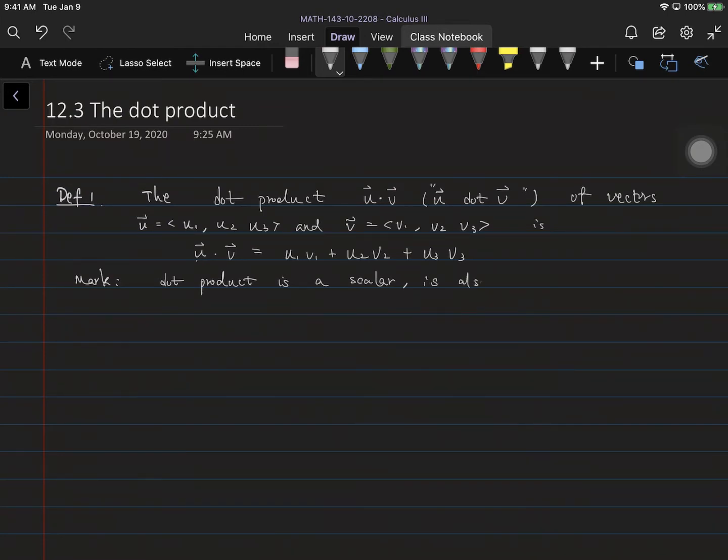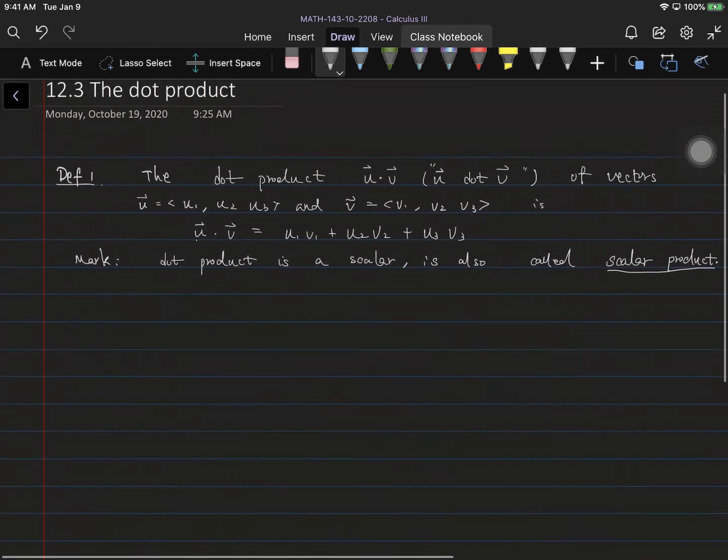Why do we want to say scalar product? Because in 12.4 we will learn the cross product. It's a different product between two vectors, and that cross product is not a scalar product. So we just want to separate those two.